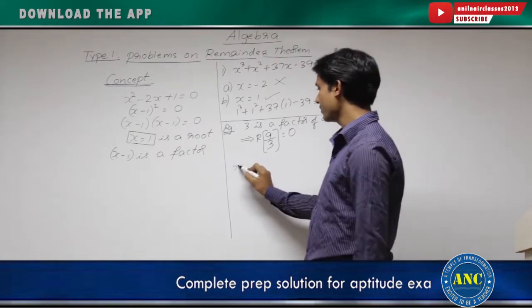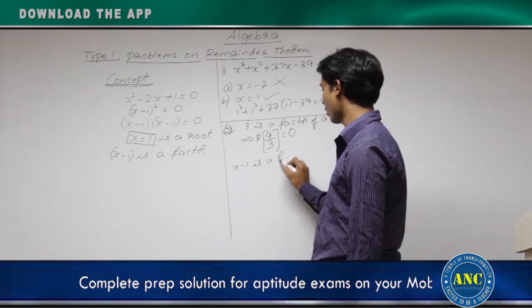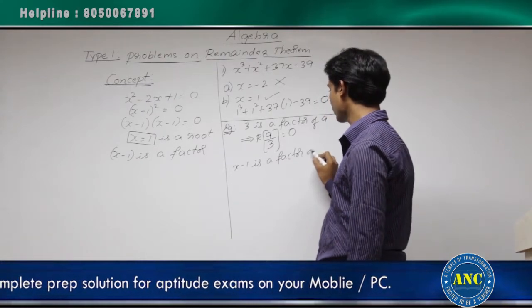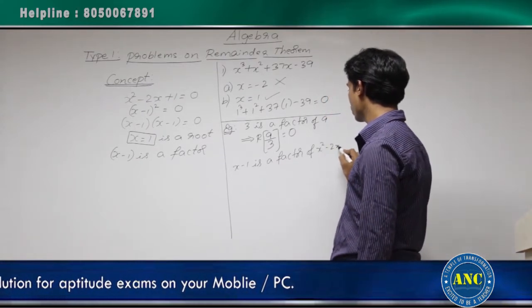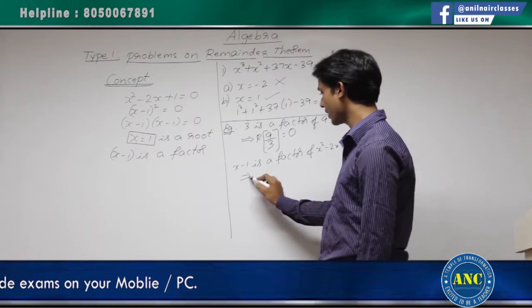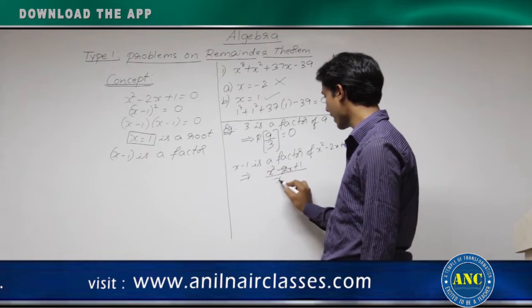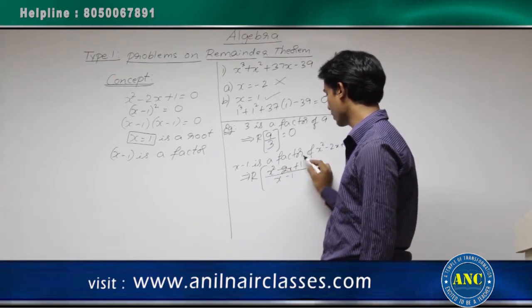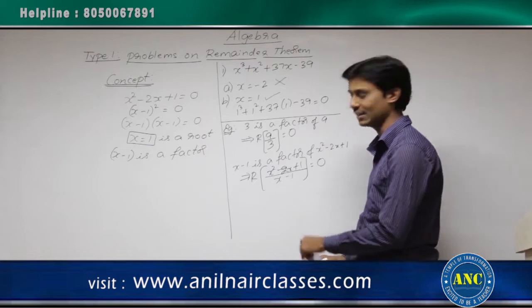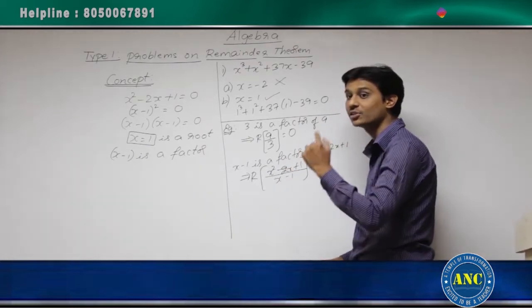Similarly, if x minus 1 is a factor of x square minus 2x plus 1, and I divide by x minus 1, the remainder should be 0. Right? That means x minus 1 is nothing but x is equal to 1.